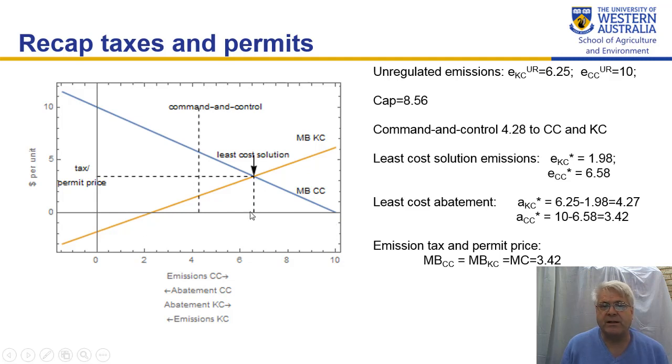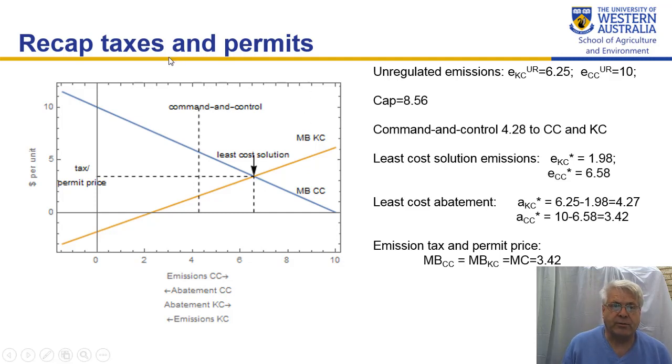So what this means is that it allows us to put these two curves onto a diagram where they now cross rather than running roughly in parallel. What this diagram does is it gives us the marginal benefit for CC such that the cap is always met, and it gives us the marginal benefits for KC in a way that the cap is always met.